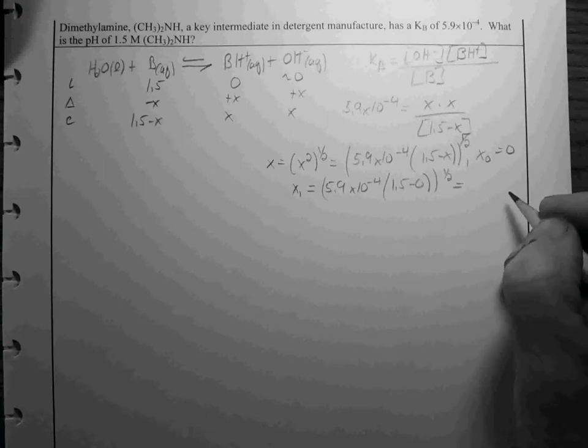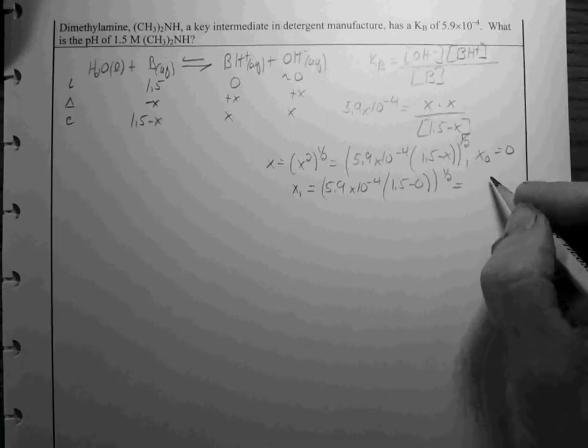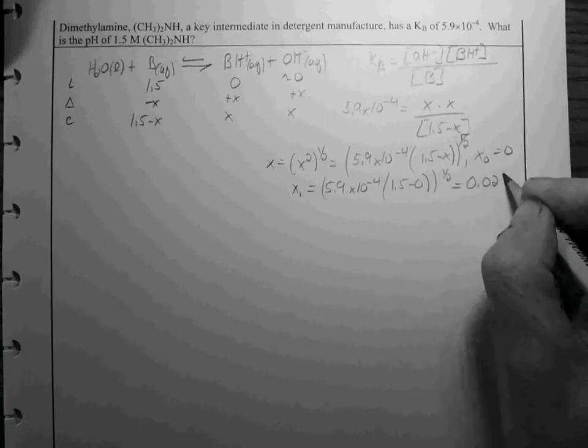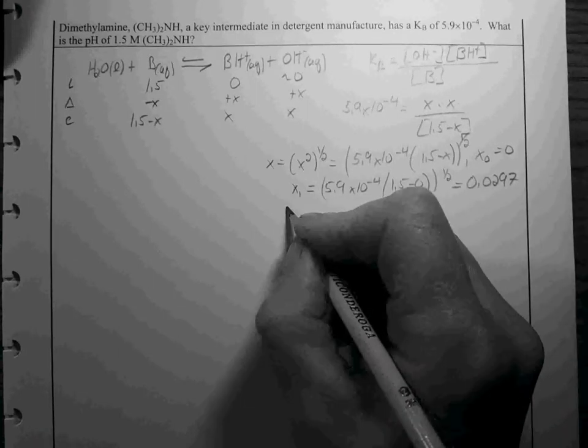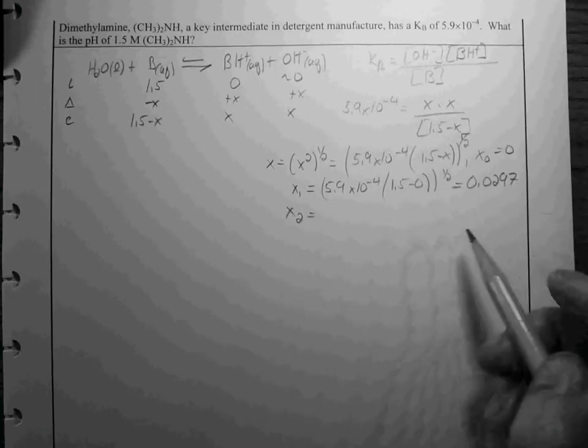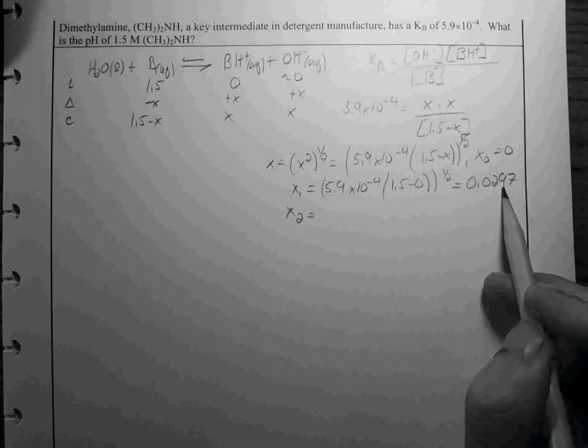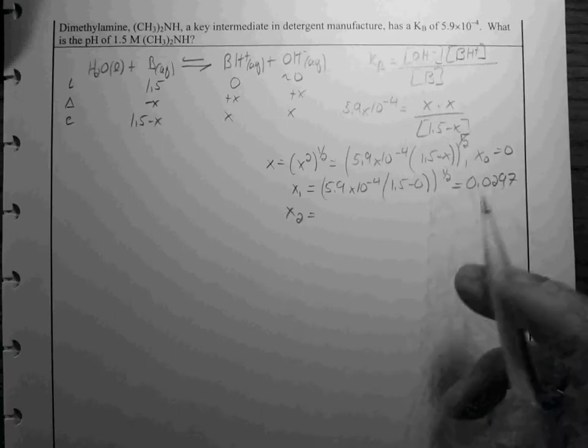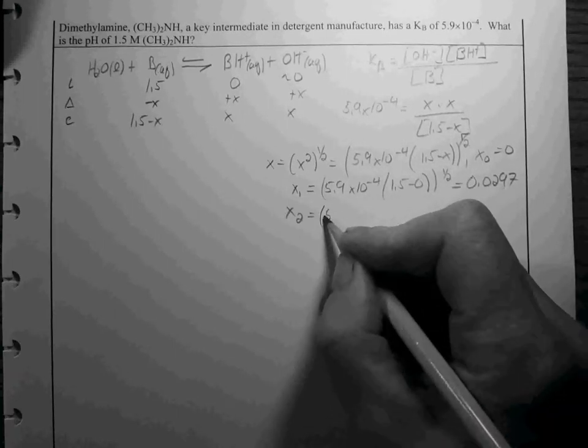And our initial value of x is 0.0297. x2, our next approximation, is obtained by taking this value and plugging in for x.